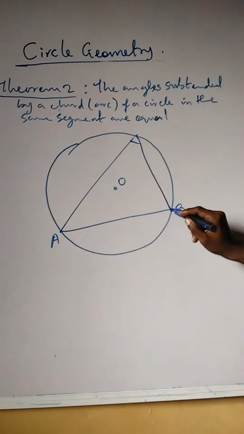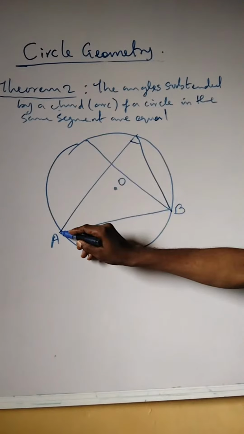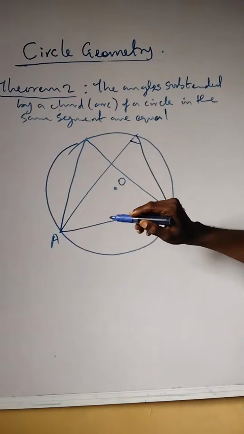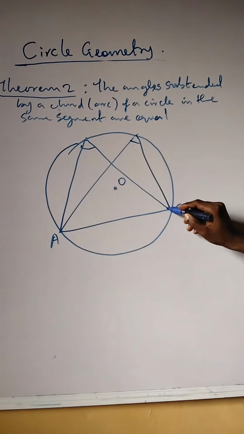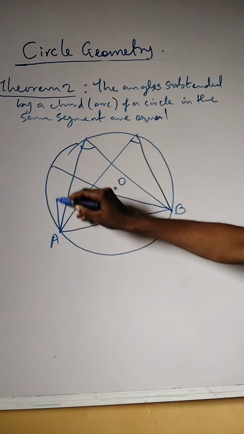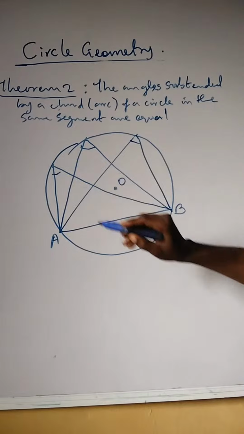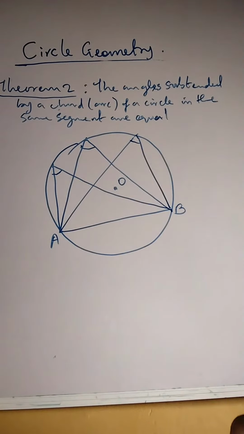So this chord is still forming an angle in this segment at the circumference, making 2 now. We can still form another one by this chord AB, making 3 now. It might be more than 3. What this theorem is saying is that all these angles are equal.